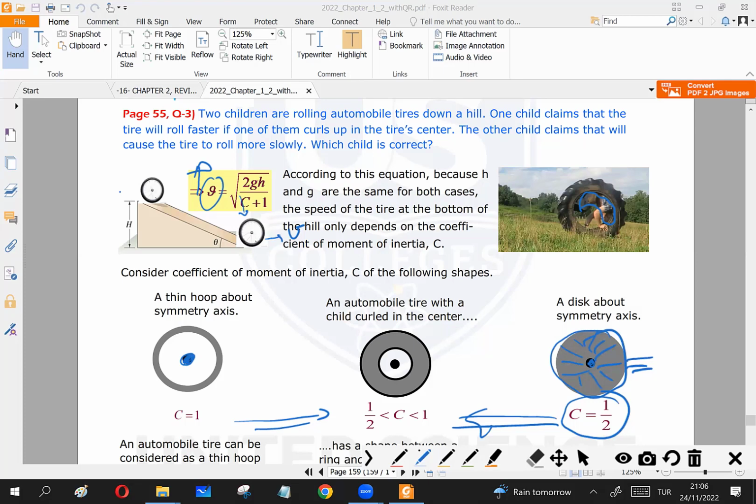Because when it curls inside the tire, the shape gets closer to a disc rather than a tin hoop, and c decreases. If c decreases, we expect to get faster. That's why when the child curls inside, the tire will roll faster on an inclined plane.